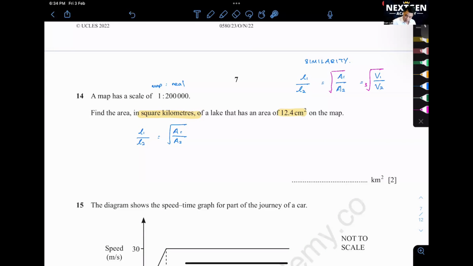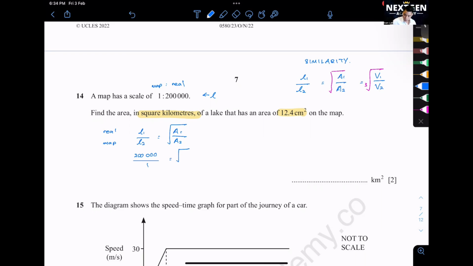So I'll label here, this one is real, this one is map. Make sure you all fit in the correct values. So the real one, what is the length? This is your unit of length, because unit of 1. So I put here 200,000 over 1 equals square root.